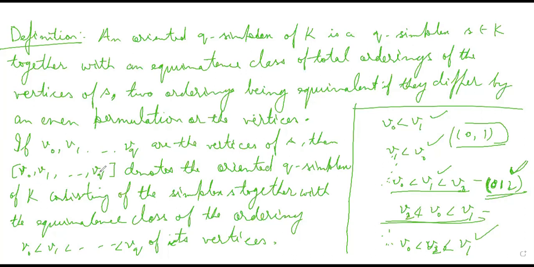So this will be the notation to represent an oriented Q simplex with this ordering of its vertices.